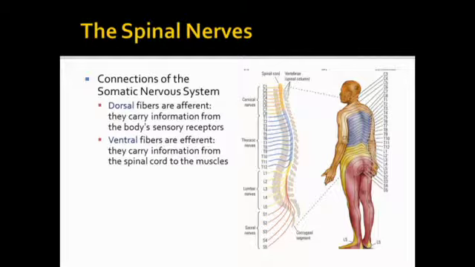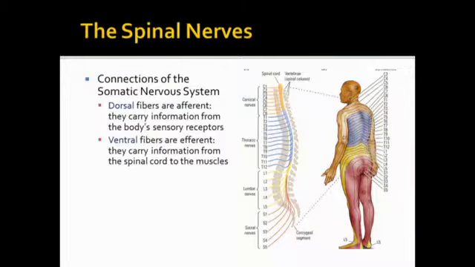Remember, dorsal means towards the spine, and ventral towards the stomach, or top and bottom. The dorsal fibers carry information from your sensory systems, and the ventral fibers are the ones that are efferent, or exit. They come from the brain, go down the spinal cord, and exit that part of the spinal column to make contact with that part of the body to move it.